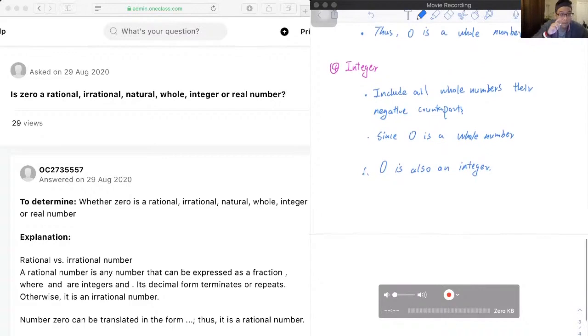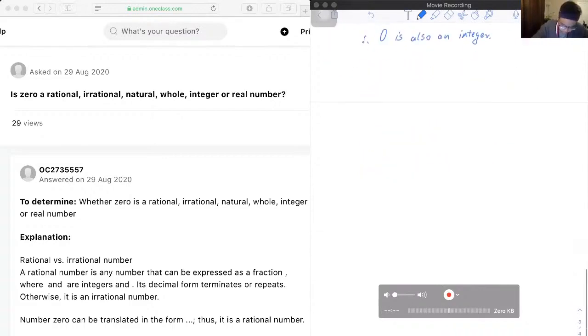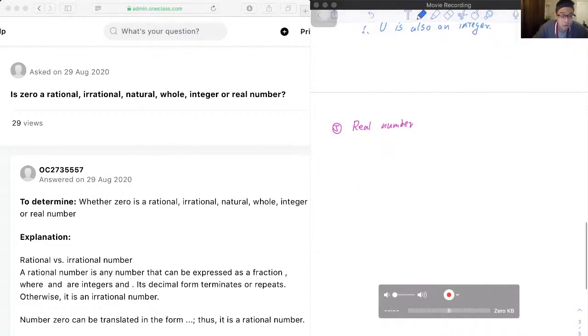Now let's see if it's a real number. Real numbers are comprised of all positive numbers, 0, and negative numbers found on the real number line.